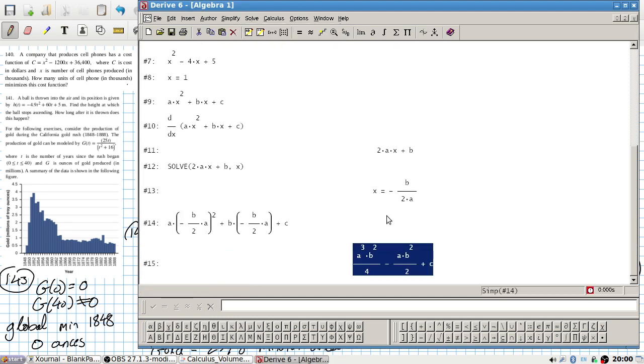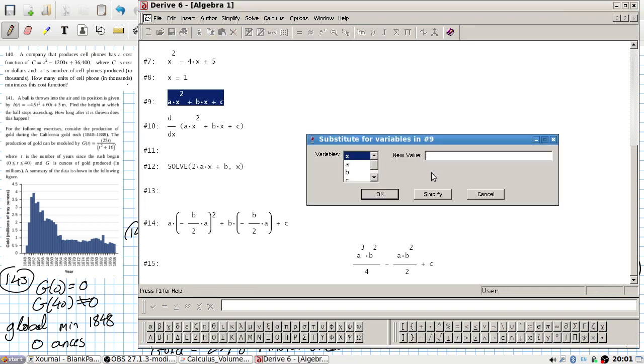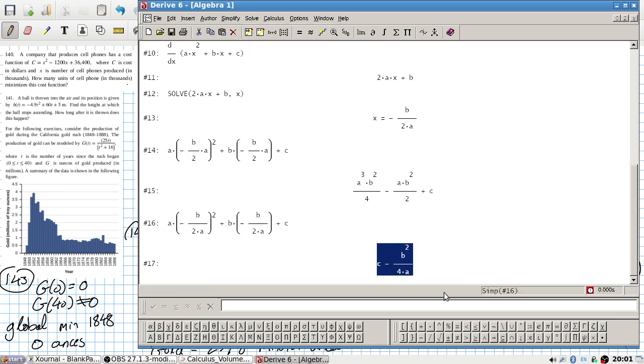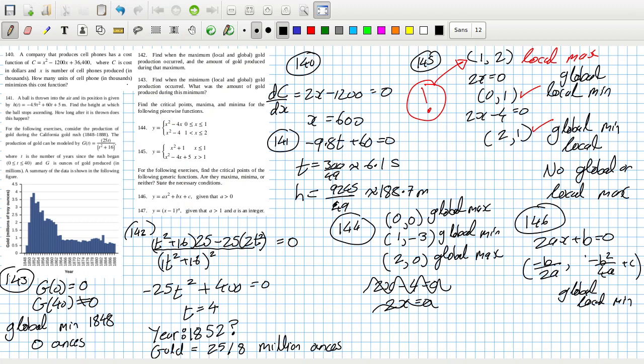Simplify basic. Oh, minus b over 2a. Minus b squared over 4a plus c. Yeah.